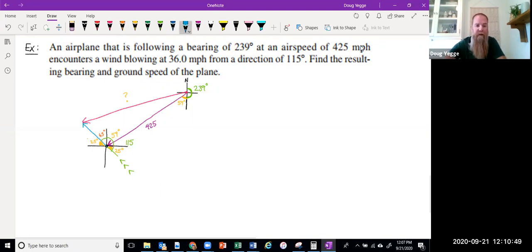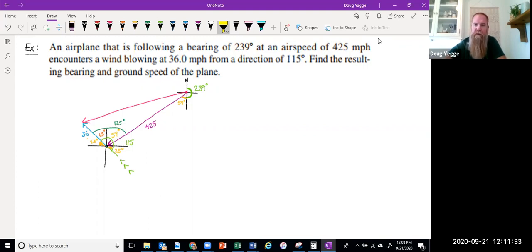And so notice that we actually have that full angle now. The full angle is 65 degrees plus 59 degrees, which is a total of 124 degrees. So let's think back to what we're actually trying to find.